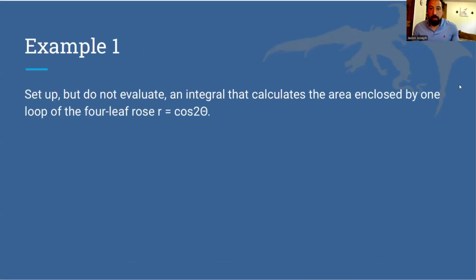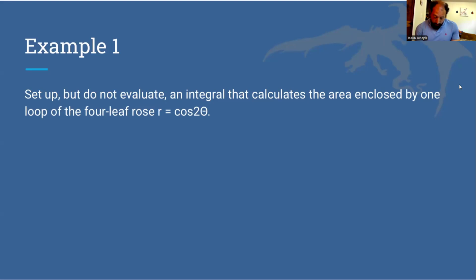Set up but do not evaluate an integral that calculates the area enclosed by one loop of the four-leaf rose r equals cosine of 2 theta. So we may be given a graph when doing problems like this, but basically we can expect this to look a lot like r equals sine of 2 theta, which we calculated in the last video. We sketched it out, and basically it's going to look like that, but be shifted a little bit.